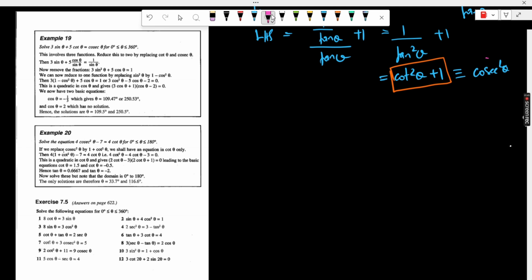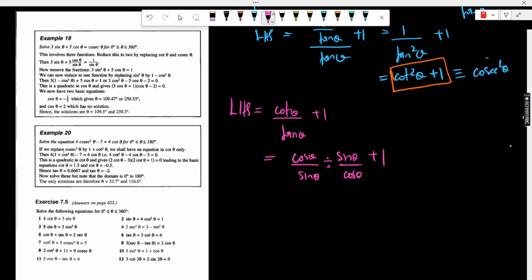All right, so in this case now we have the LHS is equal to cot theta divided by tan theta plus 1. Now, this is the same thing as cos theta over sine theta divided by sine theta over cos theta plus 1. When we divide fractions, we reciprocate or invert or flip the second fraction and change the sign from division to multiplication.